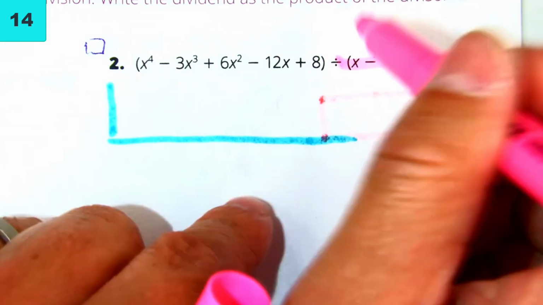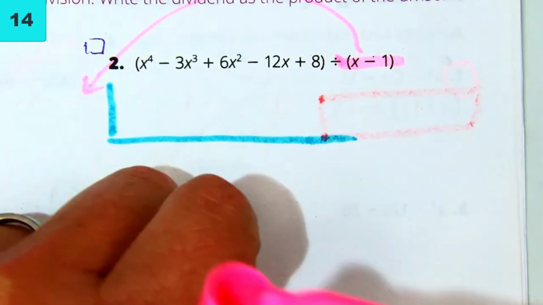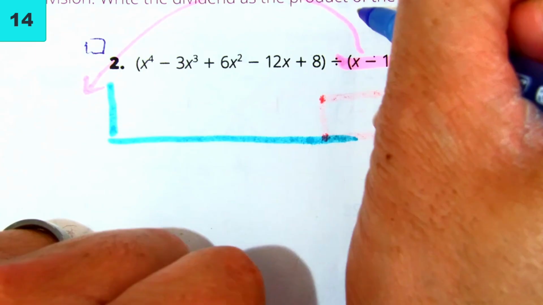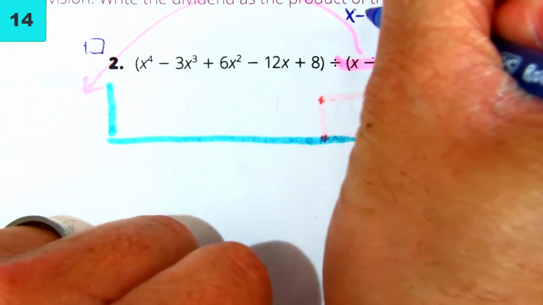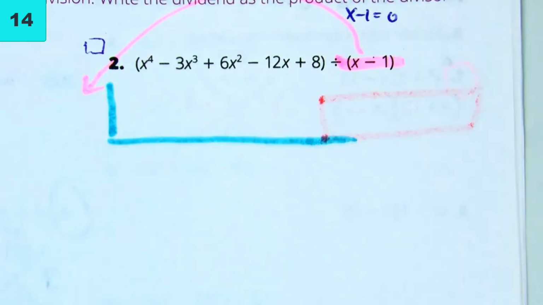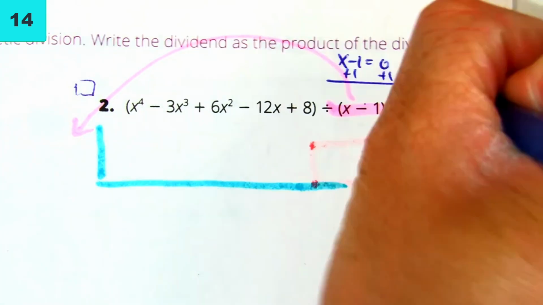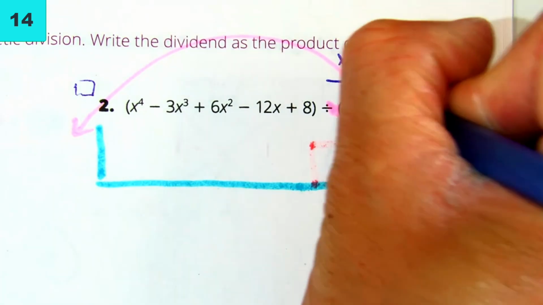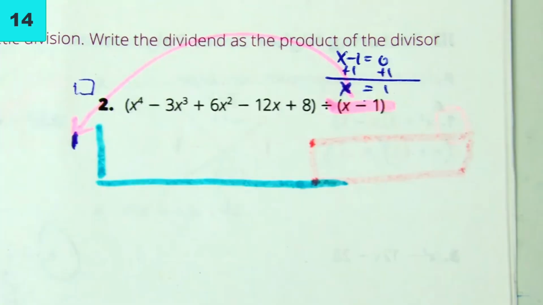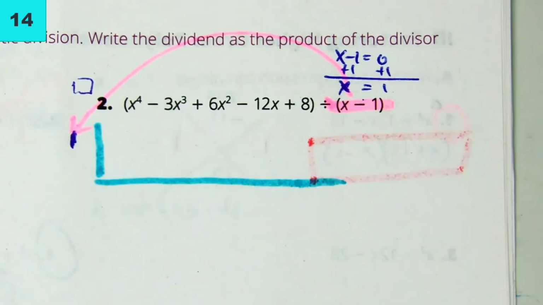Class, I'm gonna write this number and set it equal to 0. X is equal to? 1. Raise your hand if you got 1. Okay, we worked on that last week. That's turning a factor into a 0.